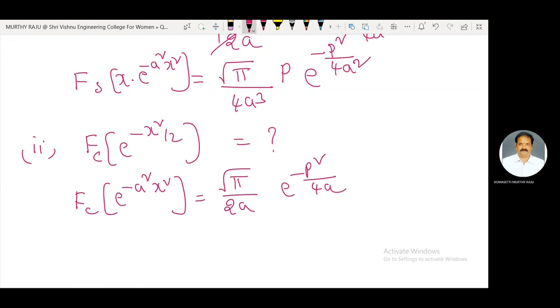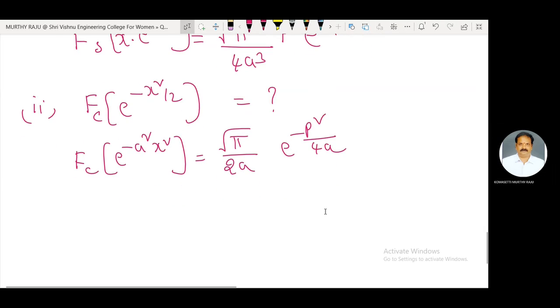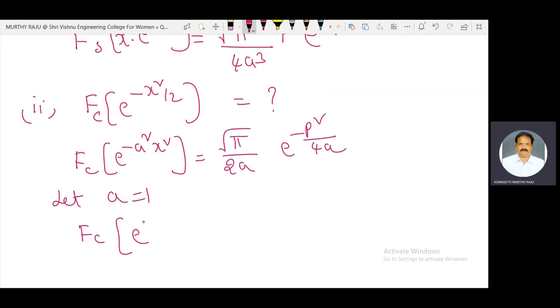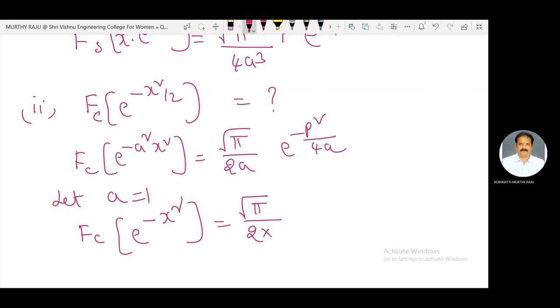Here, let a is equal to 1. Fc of e power minus x square is root pi by 2 into e power minus p square by 4.